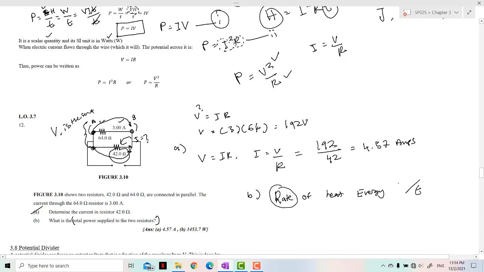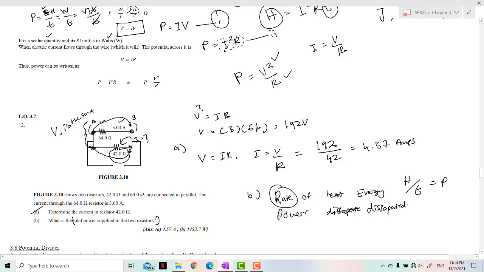So rate of heat energy is H over T, which is also power. Or the question may ask you to find the power dissipated. If you see power dissipated, it means the question is asking for power in general. So another way it can be asked is rate of energy, and also power dissipated.